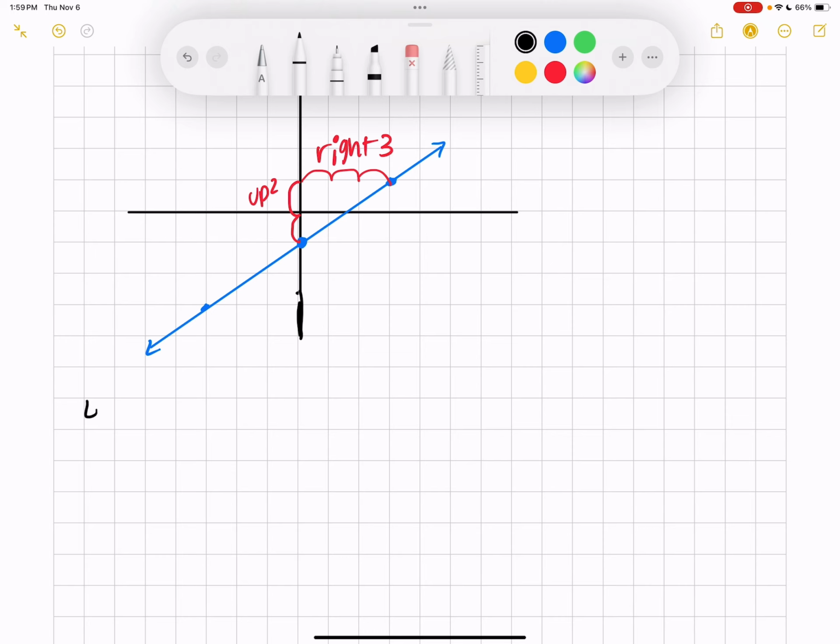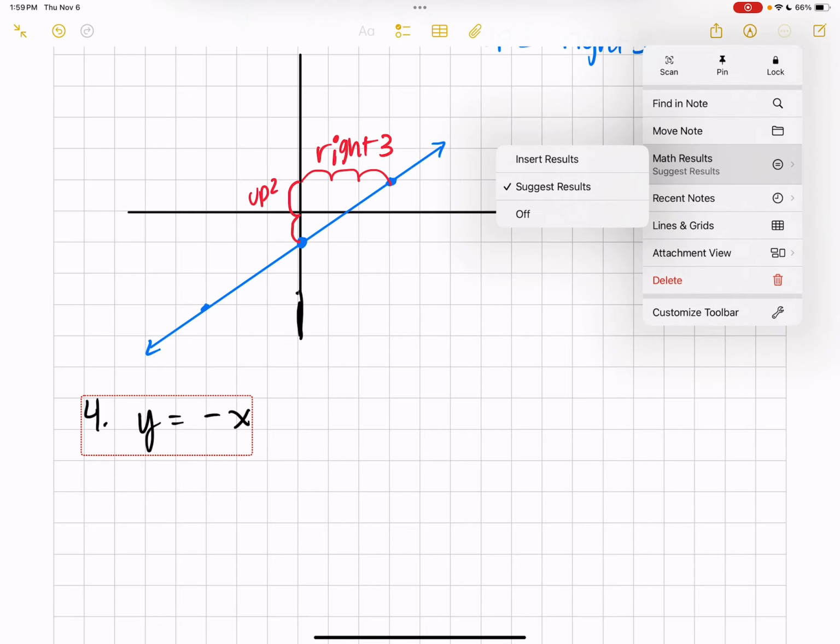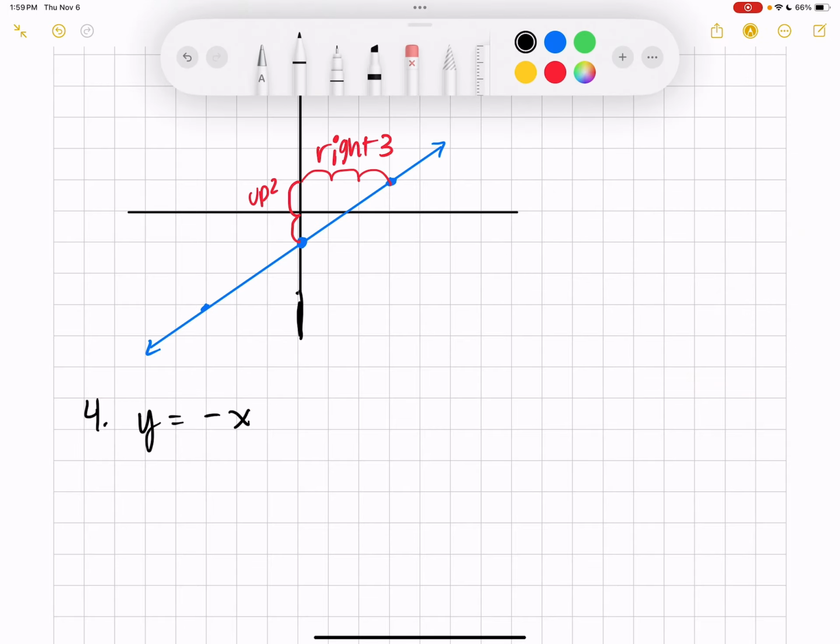So number 4, y equals negative x, and that's it. So this is still in slope-intercept form, even though it may not look like it, okay, because it's still y equals mx, and then the plus b is really just an imaginary plus 0.